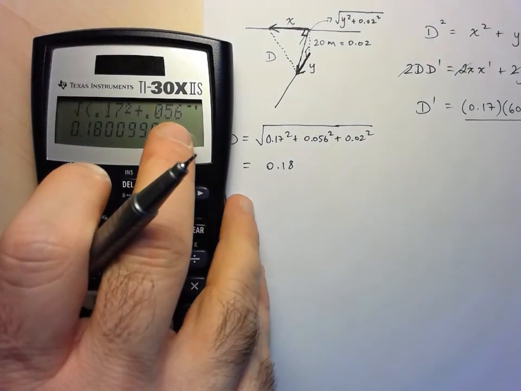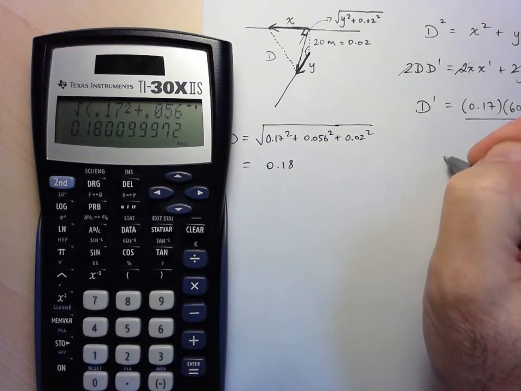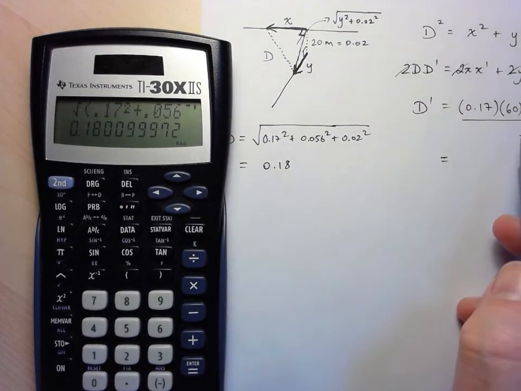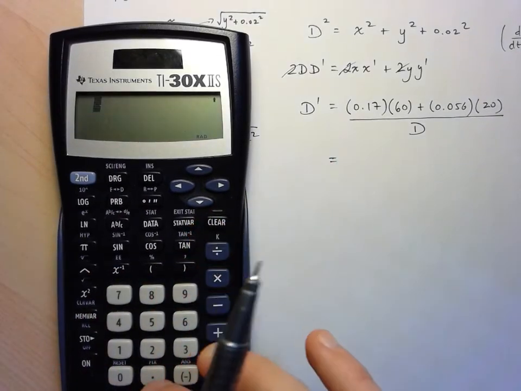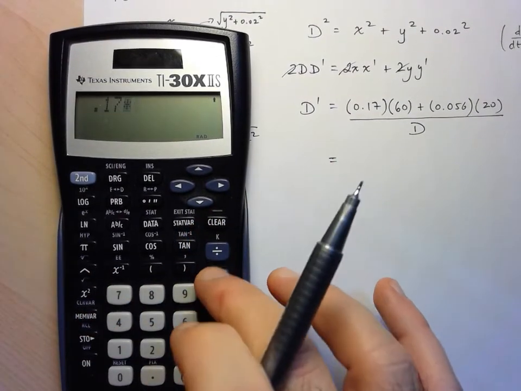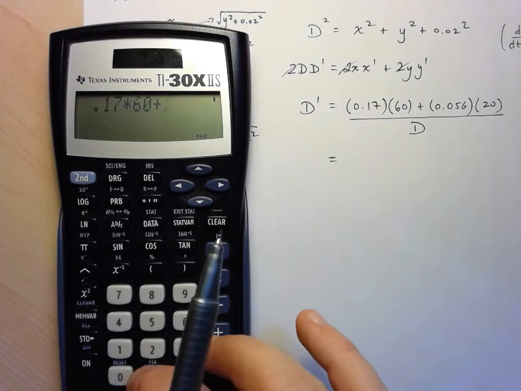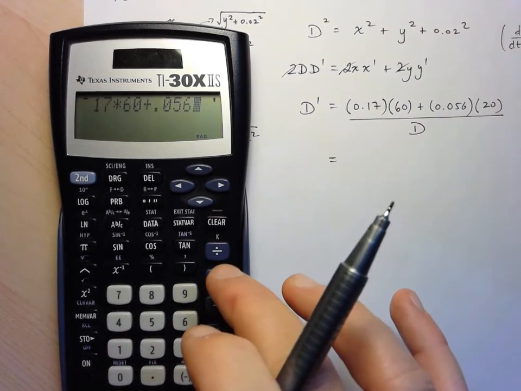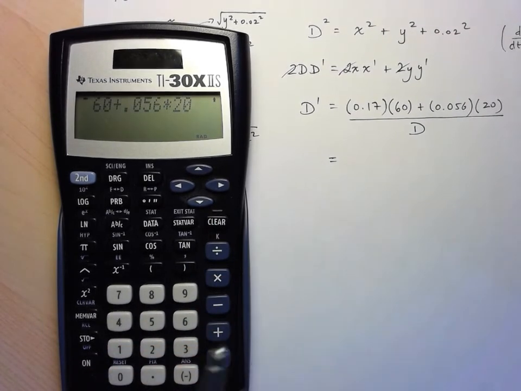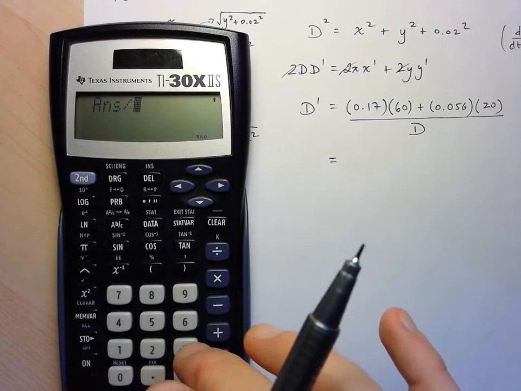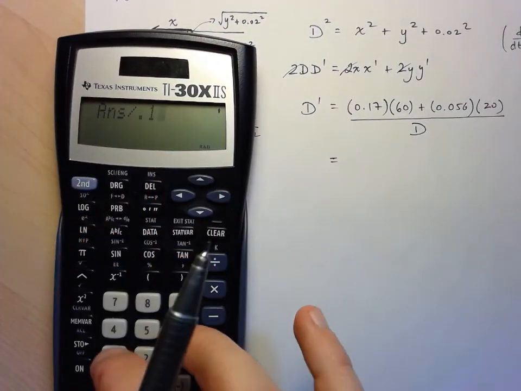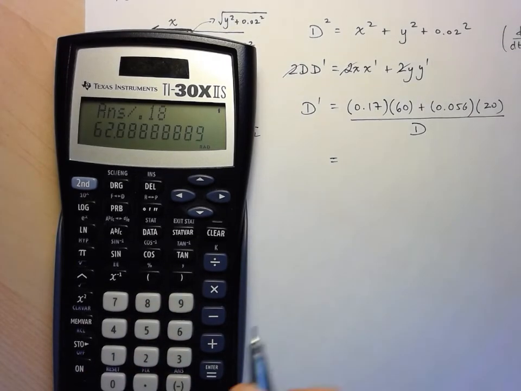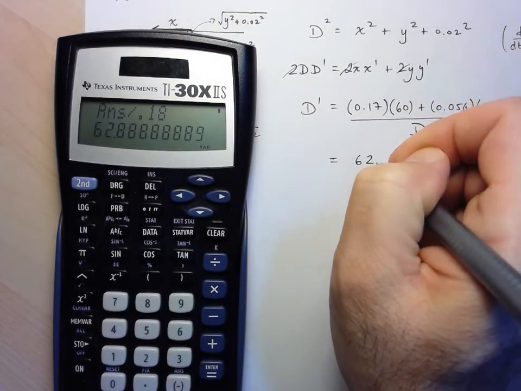So now let's incorporate that into this here. We've got 0.17 times 60 plus 0.056 times 20, divided by what we found, 0.18, and here we get 62.9.